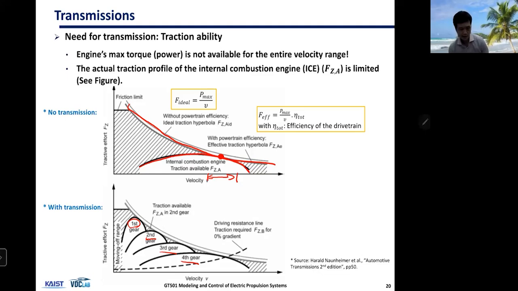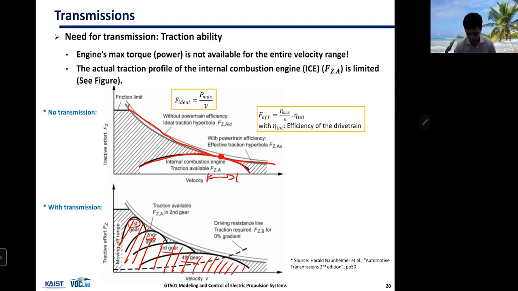What this enables is that you can cover a wider range of traction force area.